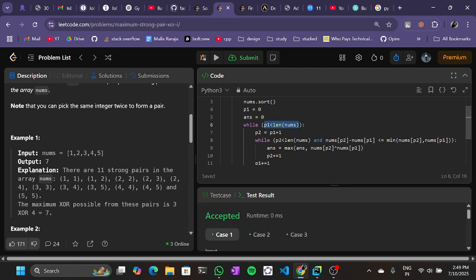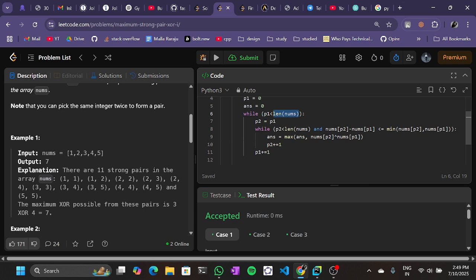But this might cause a problem, so we better keep it like this only, because we are iterating through the last index. If we do p1 plus 1, p2 will be out of bound. It might raise an exception, so we are not including it, and we are checking if p2 is out of bound or not.